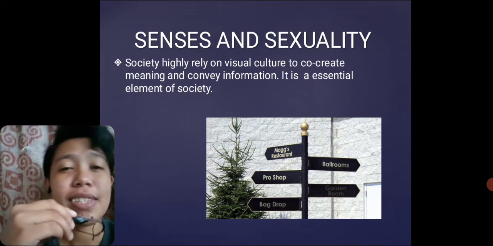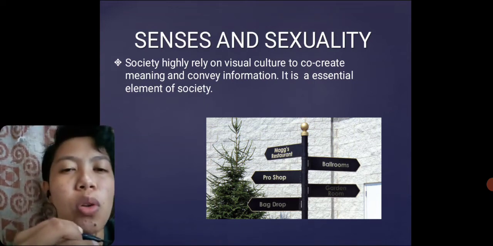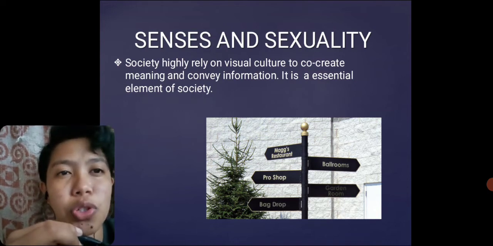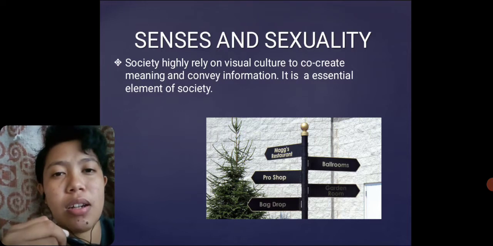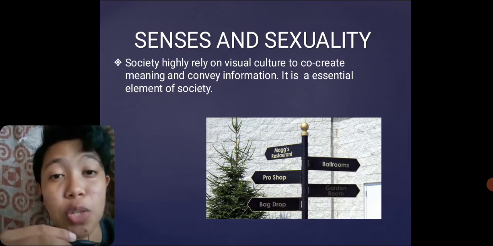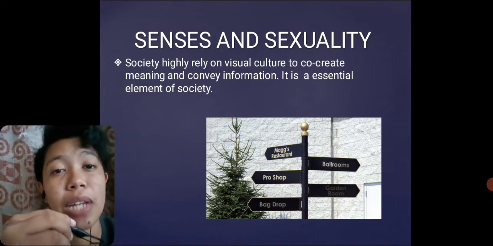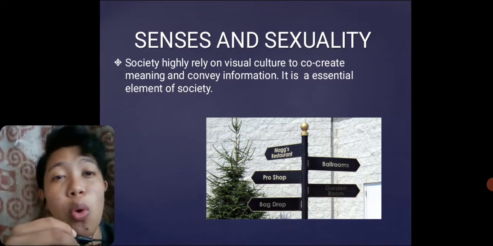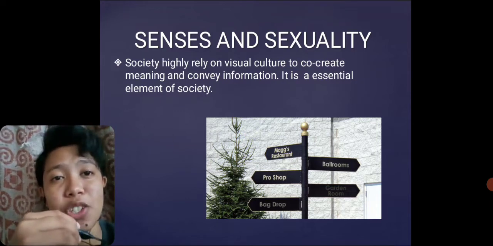So, senses and sexuality. Guys, we all know that humans really depend on visual culture. As the book says, society highly relies on visual culture to co-create meaning and convey information. It is an essential element of society.